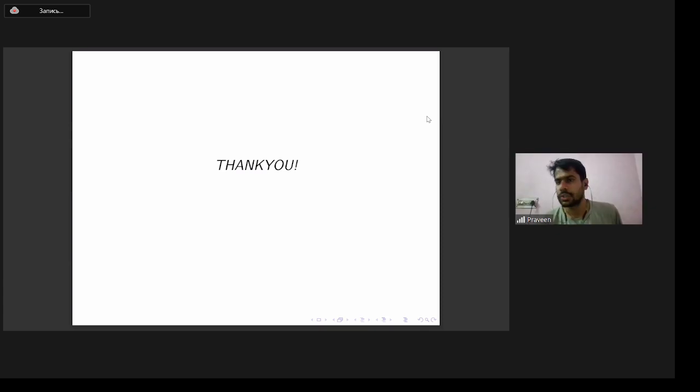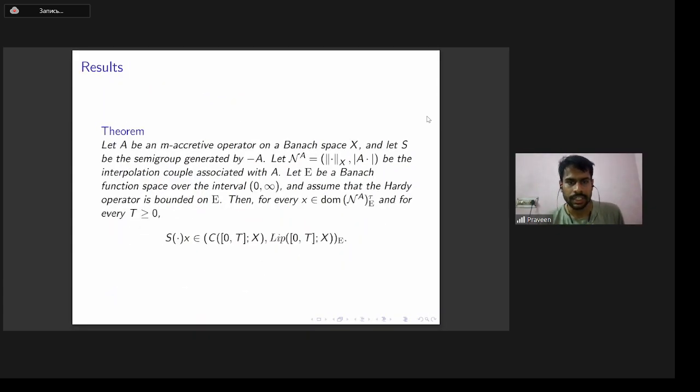I think the solution part. I really found this result interesting, and I even have a much more general result than this, but actually it already exists in the literature that if the initial value lies in the domain of A, and the right hand side f of the abstract Cauchy problem is in the BV space, then the solution is Lipschitz continuous.